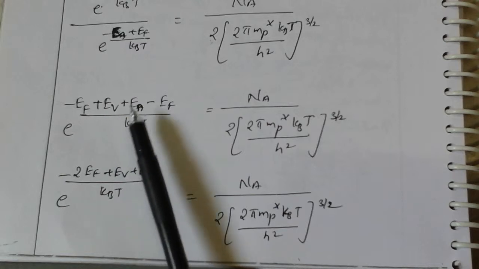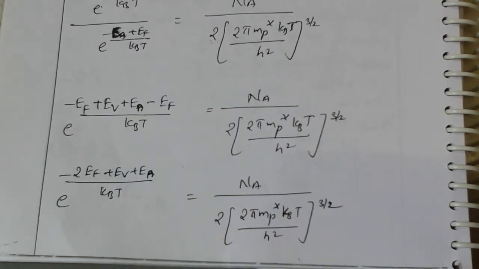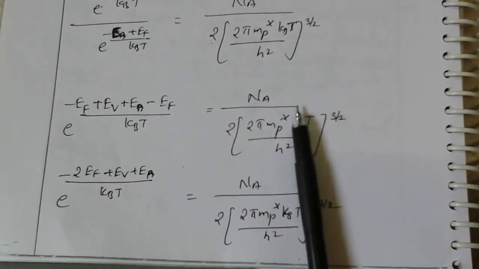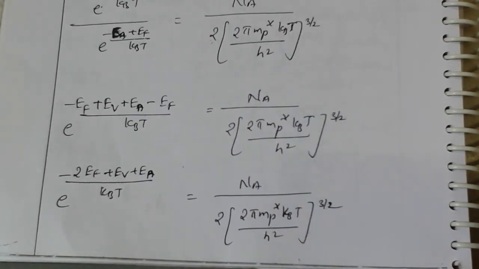Remaining plus Ev plus Ea, same as it is done. kBT also as it is done. So the same equation is present from here to here. Right side no change, as it is, Na, 2 into (2 pi mp star kBT by h square) whole power 3 by 2. Here we are done.